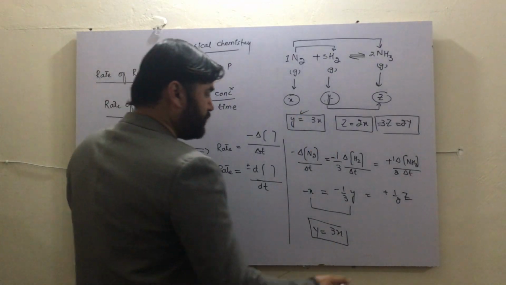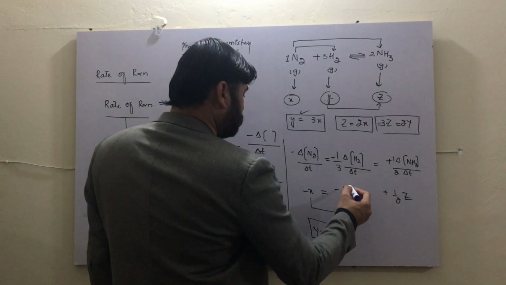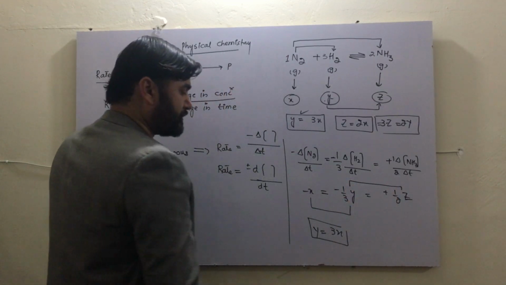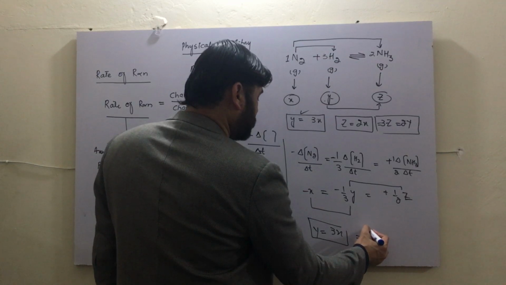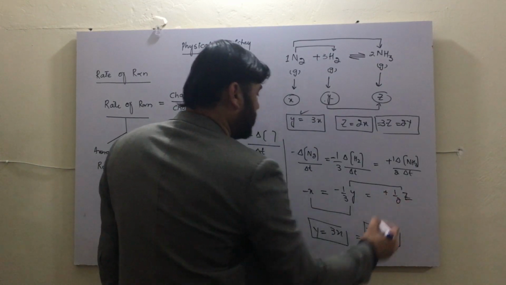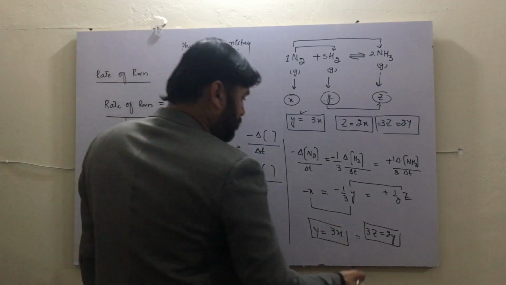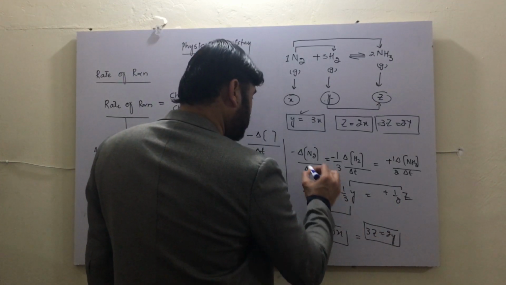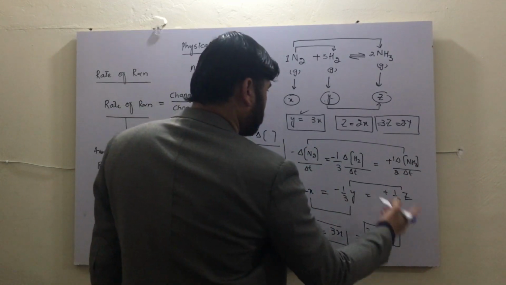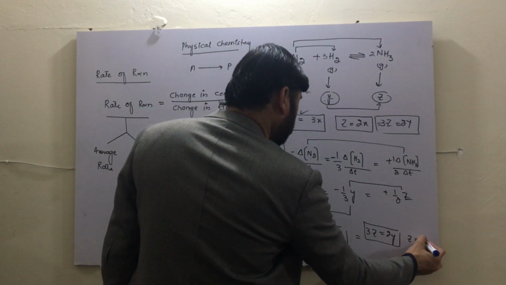And if you want to compare y and z, just compare it, so that will be 3z is equal to 2y. And if you compare z and x, this and this, it will be the same, z is equal to 2x.